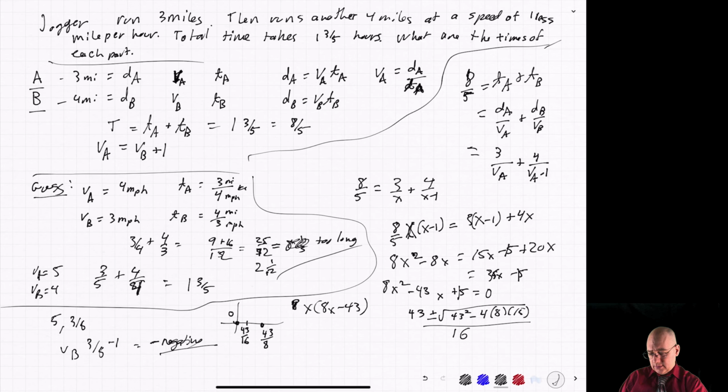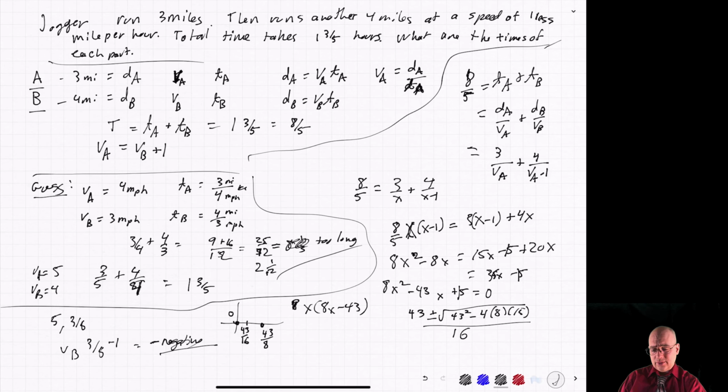I would never even try 3/8 because I'd be like, oh, minus 1, done, right? Just the fact that it's one less than the other thing means I'm already trying solutions that are greater than 1. I'll probably try 2 at a minimum.